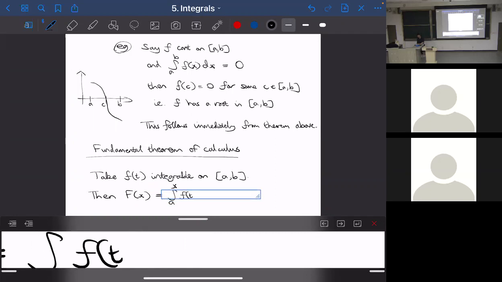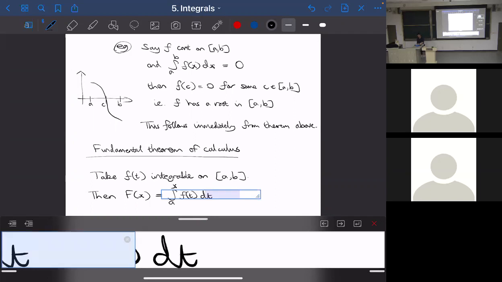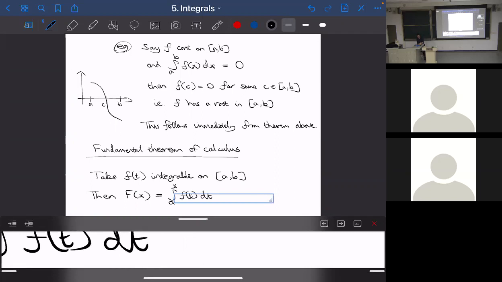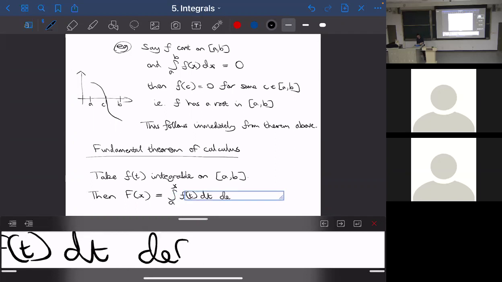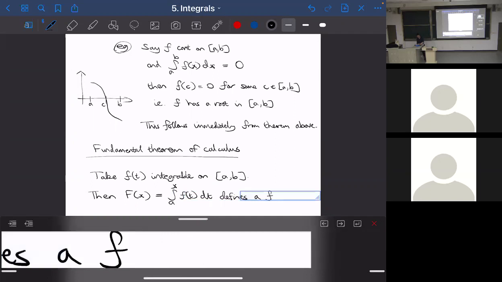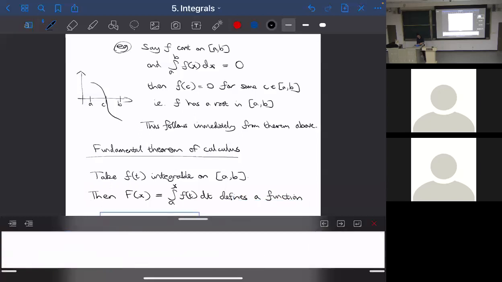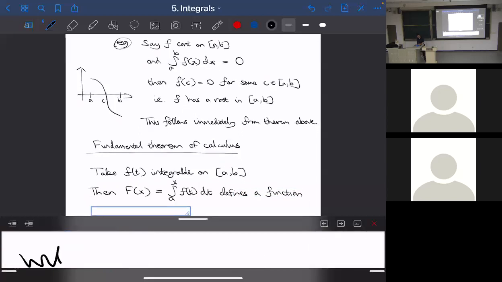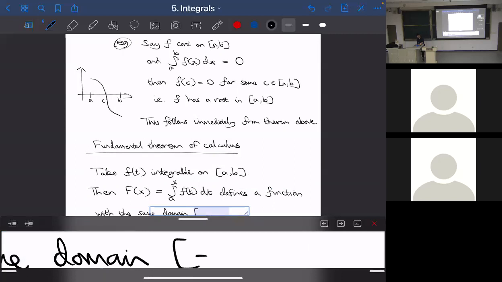So it won't be obvious why we're doing this yet, but it will become obvious soon. So this defines a function with the same domain, [a, b].